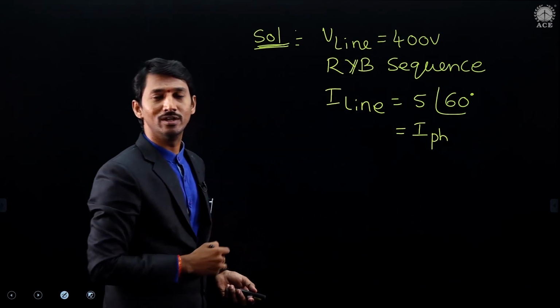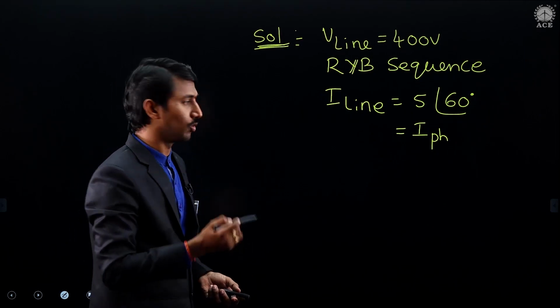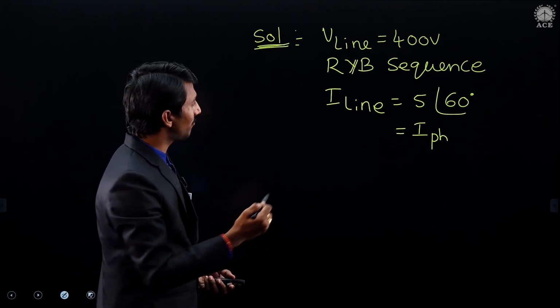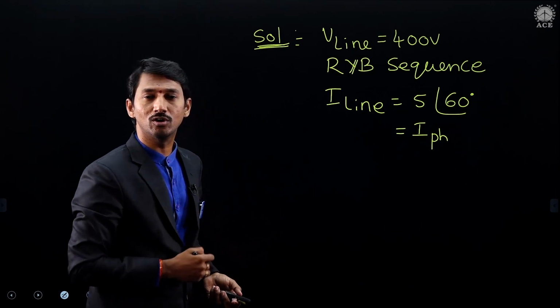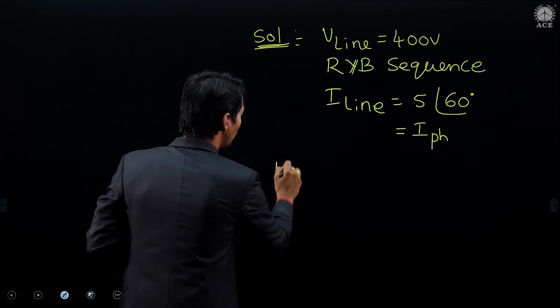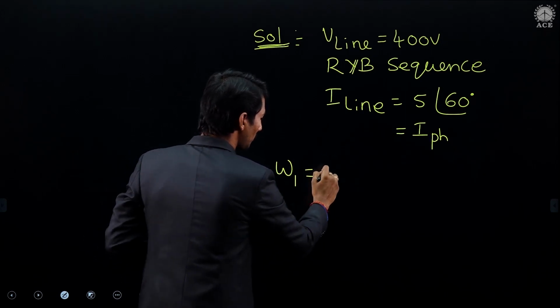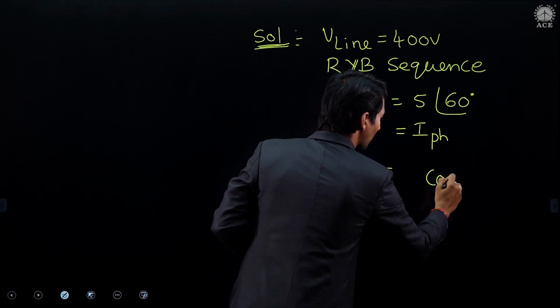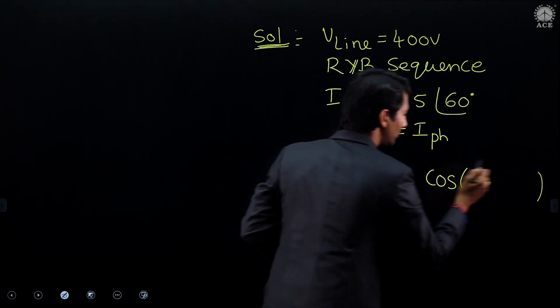Line current is equal to phase current in star connection. Okay. Sir, we need to calculate the wattmeter reading, right? Sir, what is the wattmeter reading? W equal to V into I into cos phi. Okay. W1, so wattmeter 1. Voltage, current, cos of angle between these two.